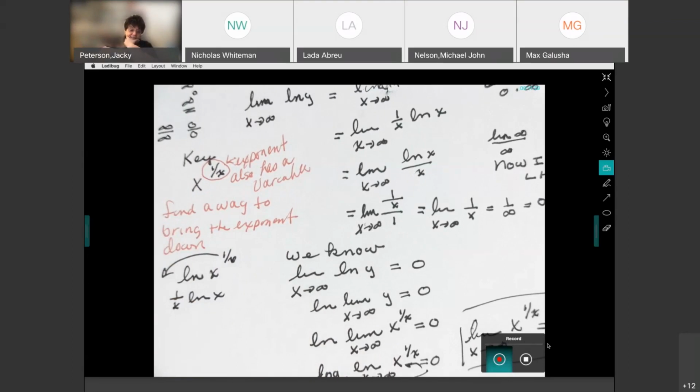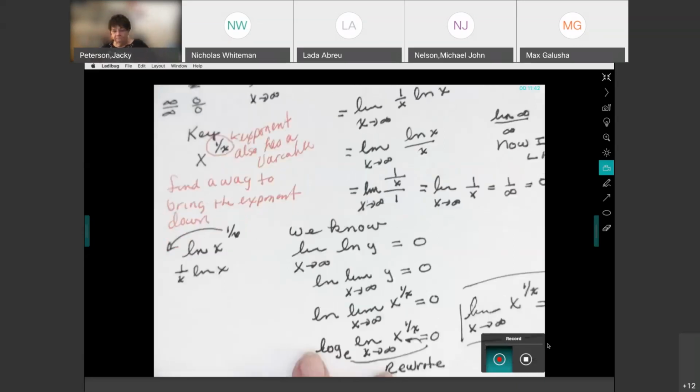Would be nice, but see, that's the key to what process you need to use. Because I know I need to bring the exponent down, the only tool in my toolbox that can do that is the logarithm. That's the only tool that allows me to bring the exponent down. So that particular key is what tells you what process you need to use. That's kind of where it's at on this thing.